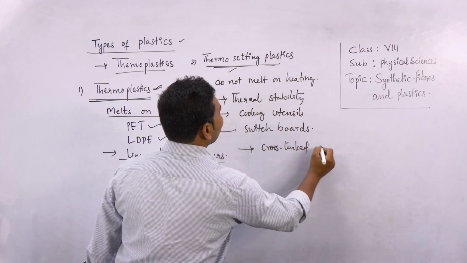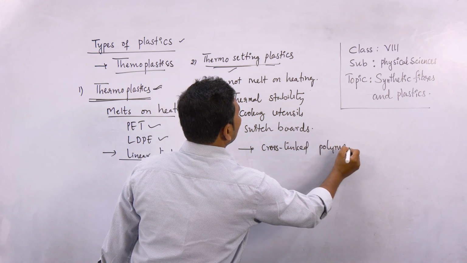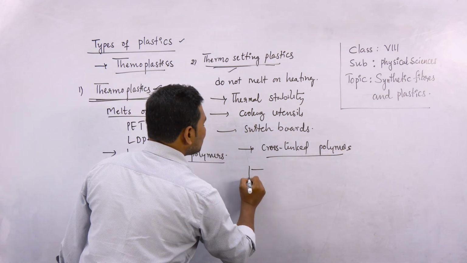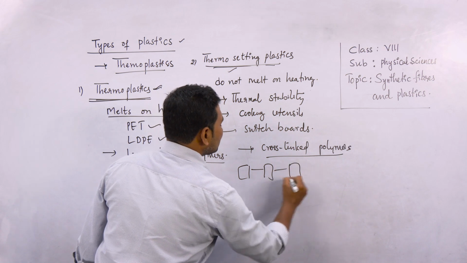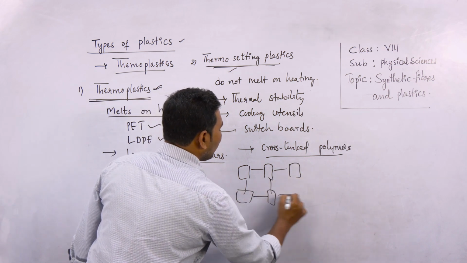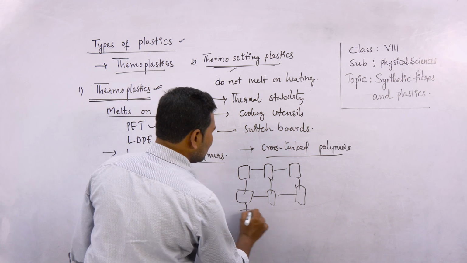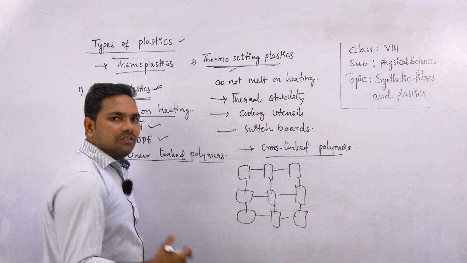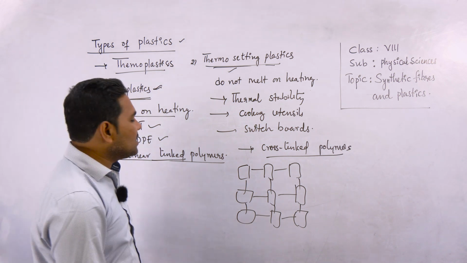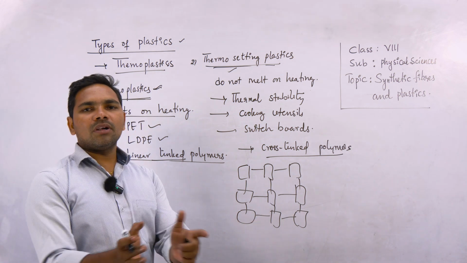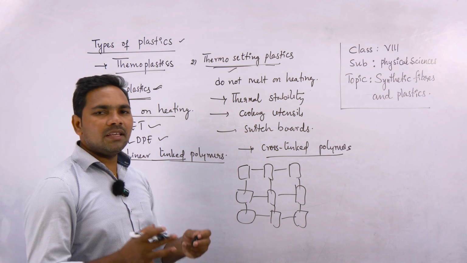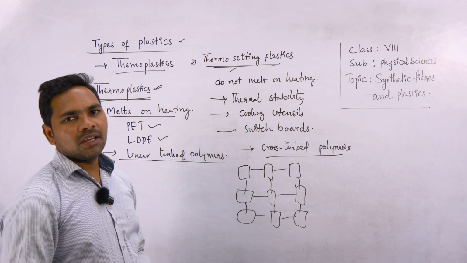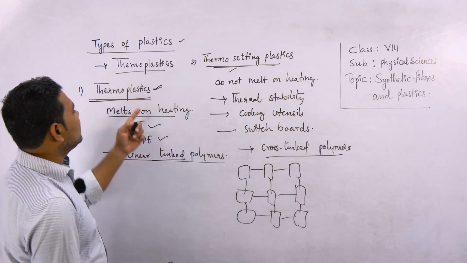Cross-linked polymers make them thermally stable. So the polymers are arranged like this. During this arrangement, these polymers become stationary, intact in their positions, and even though such plastics are heated, these polymers cannot change their positions. This makes thermosetting plastics very stable towards heat, whereas thermoplastics melt.